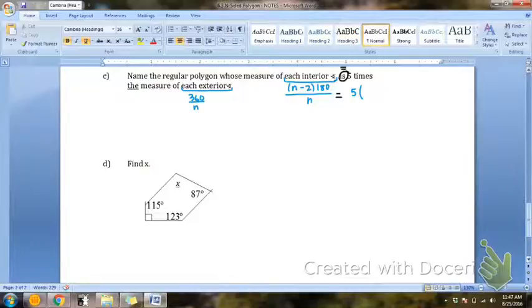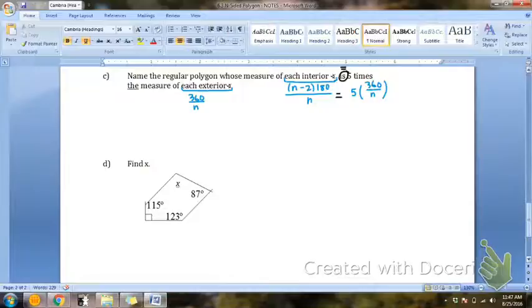So that's what's going to go over here with the 5: 360 divided by n.